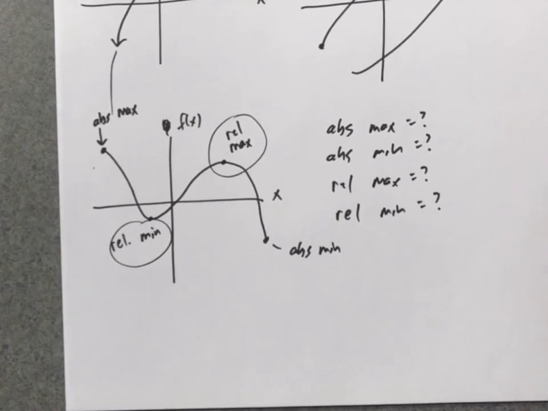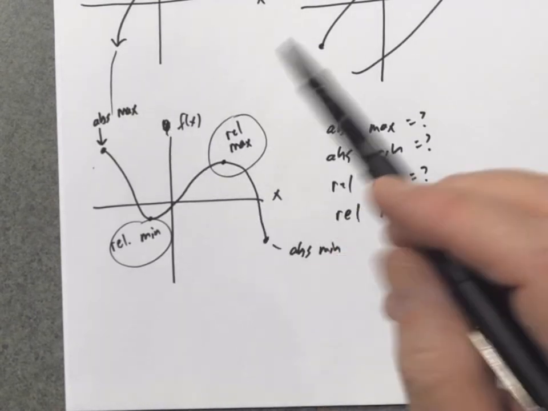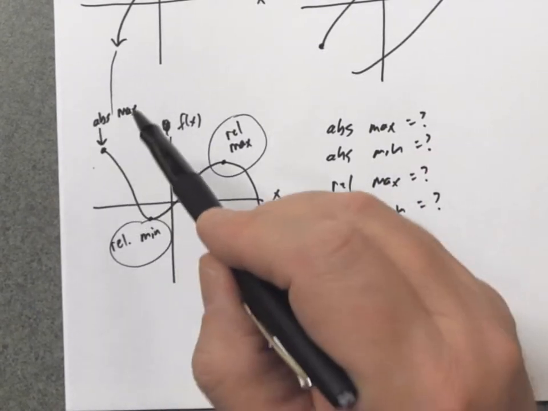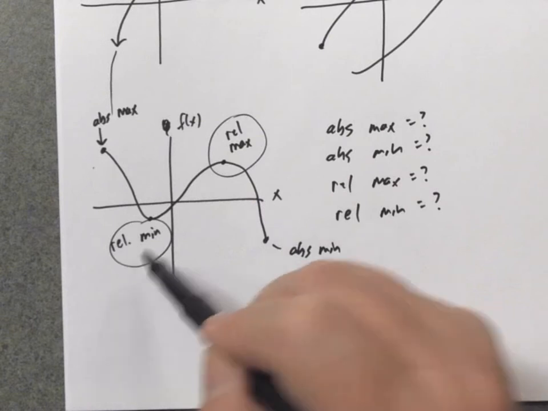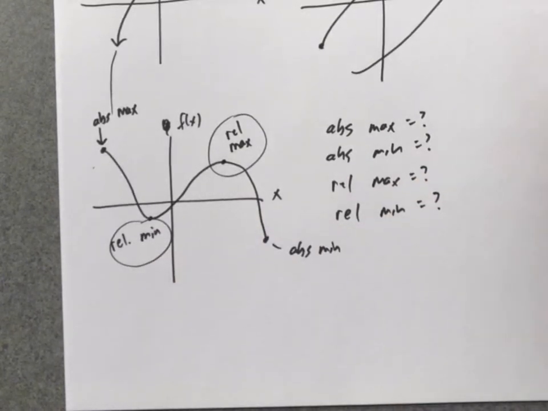Now in the book, they're probably careful to always say relative. But in class, I'm not going to say relative max and relative min all the time. From now on, as I'm doing problems, if I say what's the max and the min, I'm really talking about relative max and min. There will be a section, a couple sections from now, where we actually will determine absolute max and min and relative max and min. But that's just one section. Most of the time when we talk about maxes and mins, we're talking about relative.